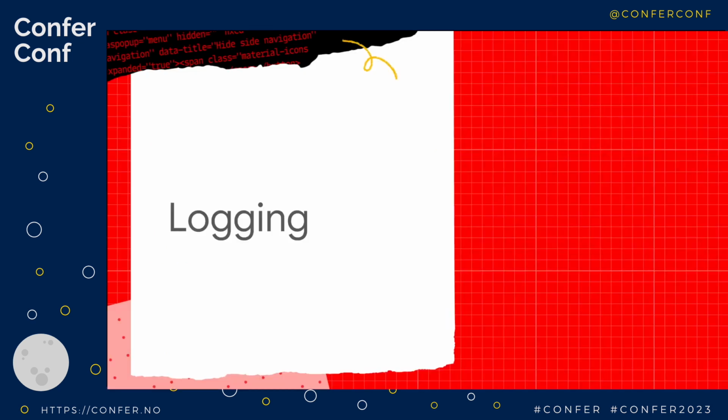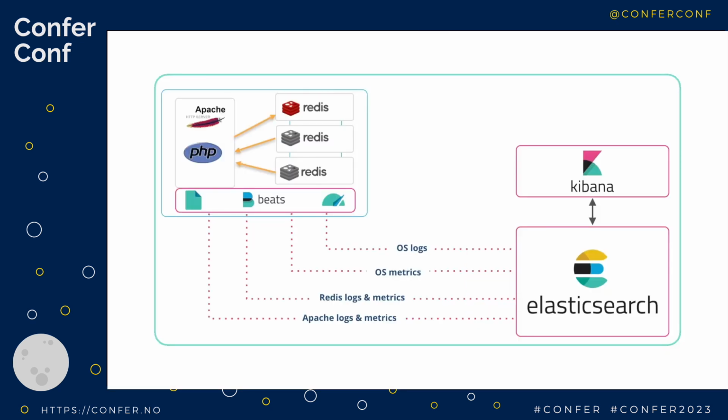Well, now we are gonna do a small explanation about each one of the different signals that we have. So the first one, let's say, is the most ancient, right? It's logging. So let's imagine this scenario: one application, in this case a PHP application running in an Apache HTTP server, that is doing some interaction with a Redis database.